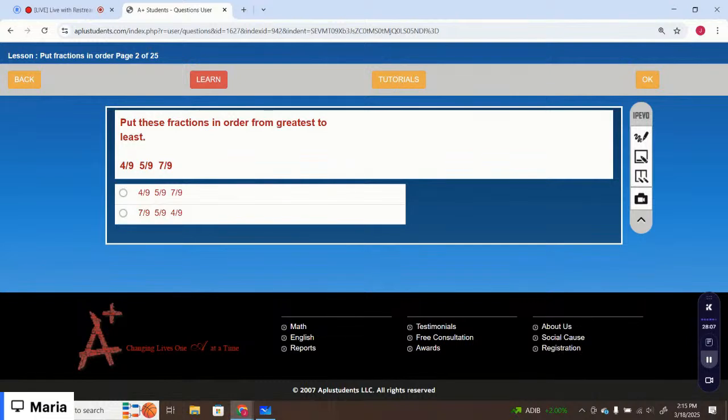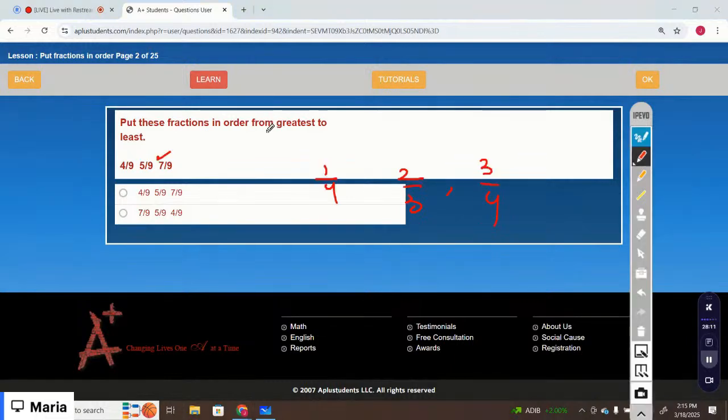Put these fractions in order from greatest to least. So let's arrange them from greatest to least. They have the same denominators, 9, 9, and 9. So the greatest fraction is the one that has the greatest numerator, right? The greatest numerator is 7 over 9, then you have 5 over 9, then you have 4 over 9. So which is the correct option?